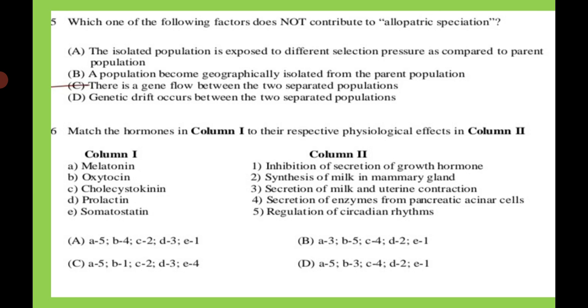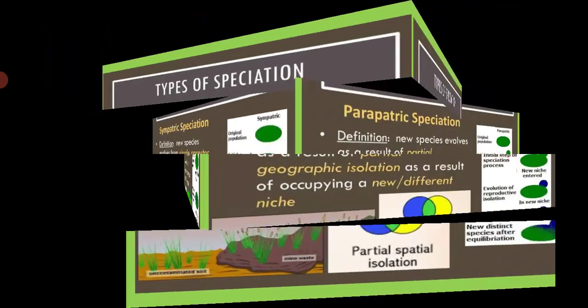It is produced by the gastrointestinal tract, pancreas, hypothalamus and central nervous system. So somatostatin is known for inhibition of the secretion of growth hormone. So A matches 5, B with 3, C with 4, and so on: 5, 3, 4, 2, 1. This combination is option D. Option D is the answer to this question. Then moving to the next question.